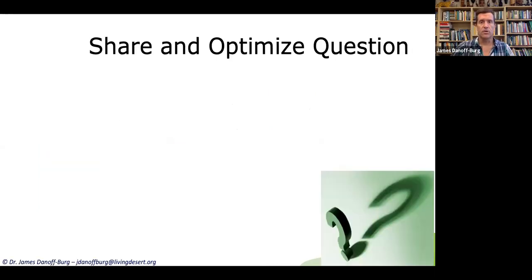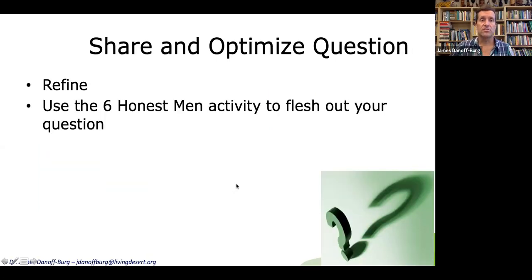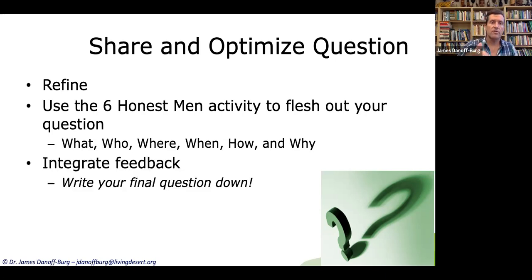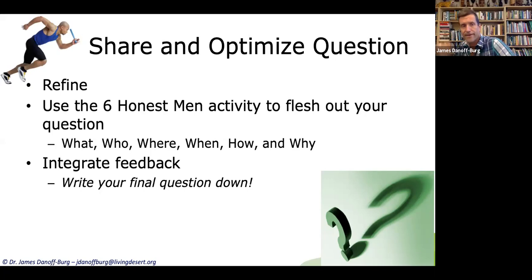Okay, so we've talked about this and we've asked you to refine them. We talked about using the 6 Honest Men activity to flesh out your question. So if you've not done so already, pause on this screen as well and figure out how, here's our running man, to use the 6 Honest Men activity to flesh out your question. What is my question? Who am I trying to talk to?